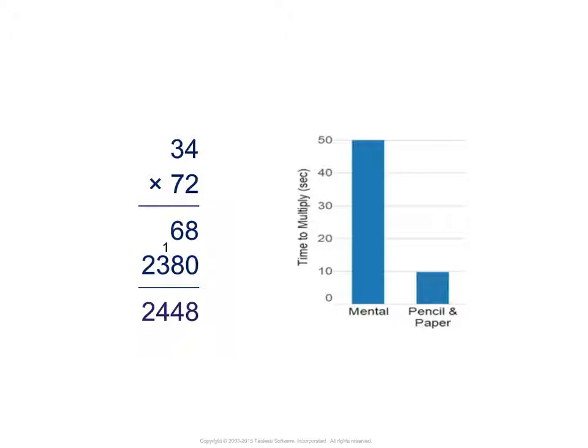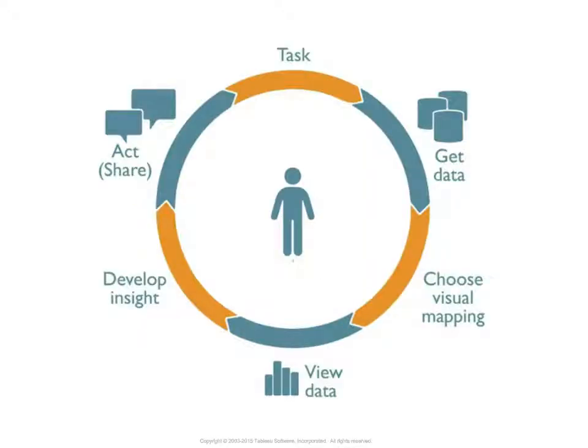Now, back in the research lab, we studied many people who work with data to solve their problems and make their decisions. And we found that there's a very standard pattern people go through, which we now call the cycle of visual analysis, shown here. At the top of the cycle is a task where data is relevant to the task. And because of cognitive bias, I think data is relevant to almost every task.